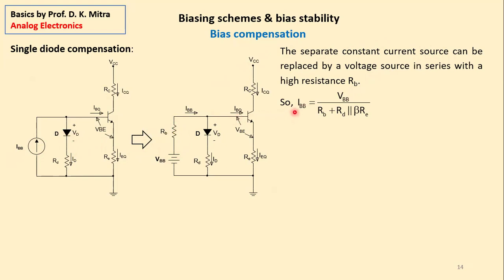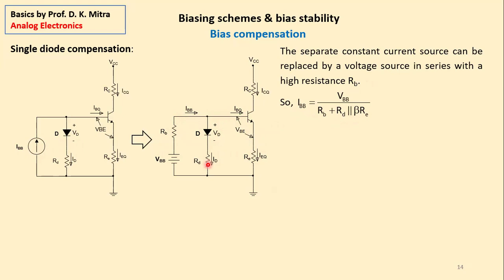So this current IBB is now VBB divided by RB plus RD, and this RB plus RD and RE in parallel.